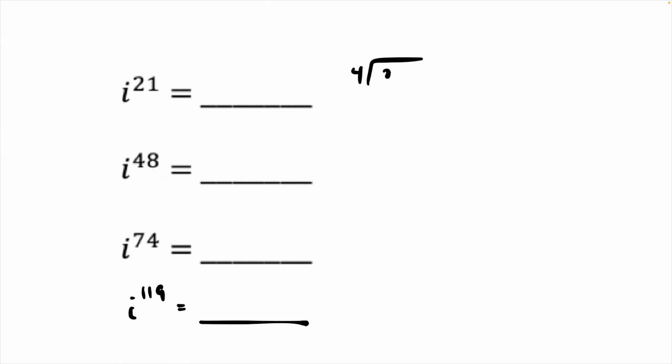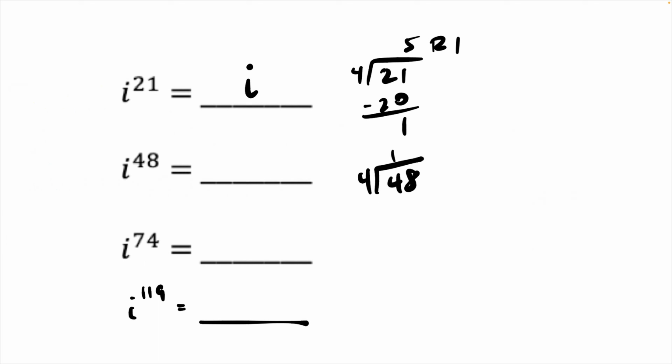So 4 goes into 21 5 times. What's the remainder? So by our rule, what answer should this be? How about 48? 1 time, 2 times, no remainder.